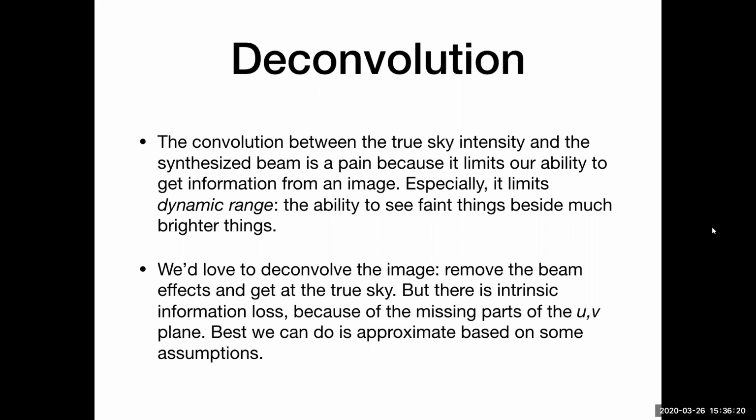But we would try to improve it in some ways because it's bad, and particularly it's bad for dynamic range, which is the ability to actually measure a faint thing next to a really bright thing. You can imagine having a super bright source in an image, and so it's convolved with the beam. You can think back to that hex shape, that 6-spoke pattern for the VLA that I showed last lecture.